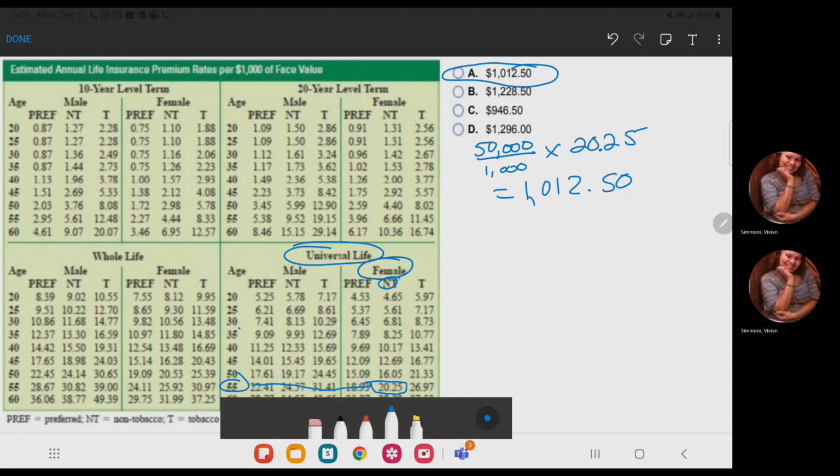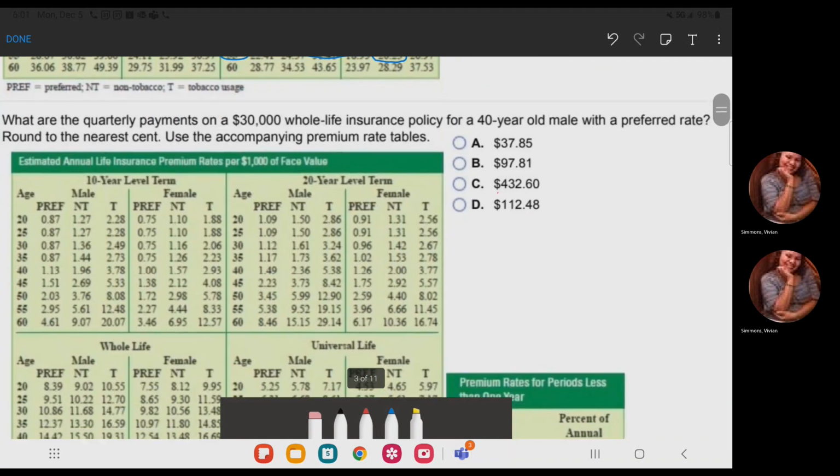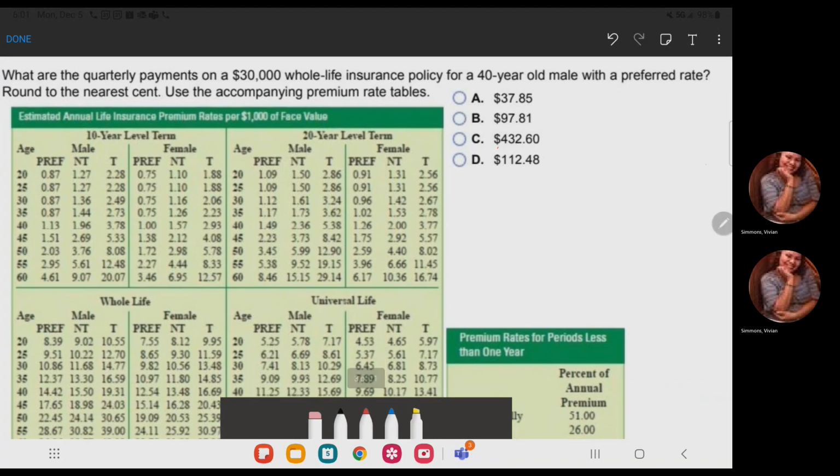Now for my next one, I'm making quarterly payments for a $30,000 whole life insurance policy, 40-year-old male with a preferred. So already, the first thing I have to do is compute that EAP. And then the next thing I need to find is the quarterly payment.